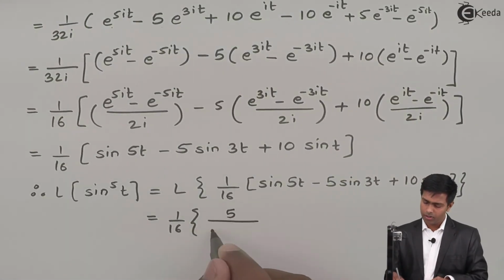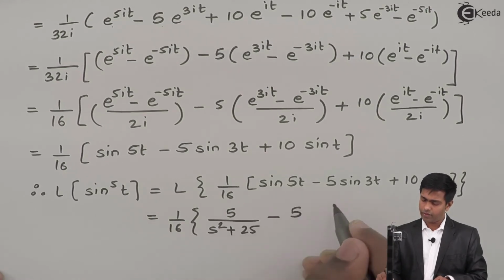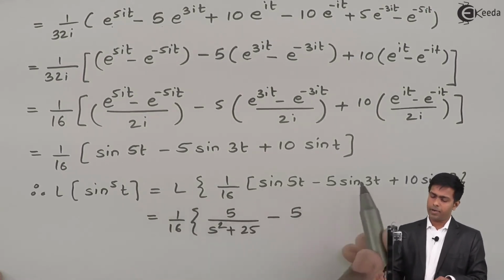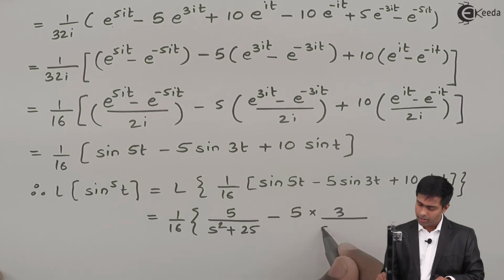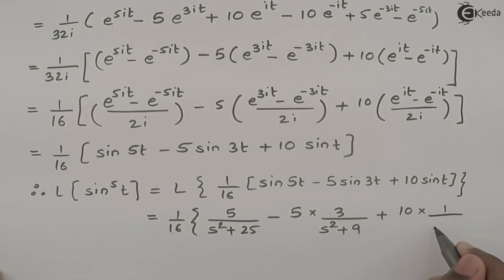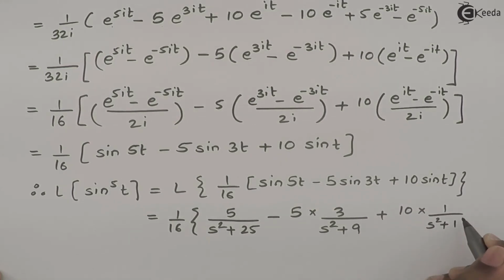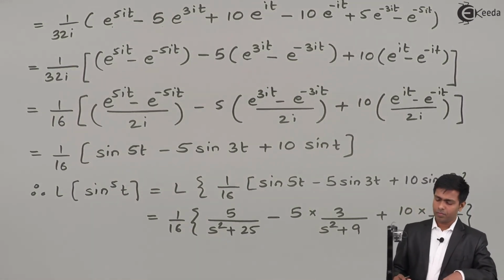Minus 5, constant outside, Laplace of sine 3t, again the same formula, so into 3 upon s square plus 9, plus 10, as it is, Laplace of sine t is 1 upon s square plus 1. So we got the Laplace of all the three terms.